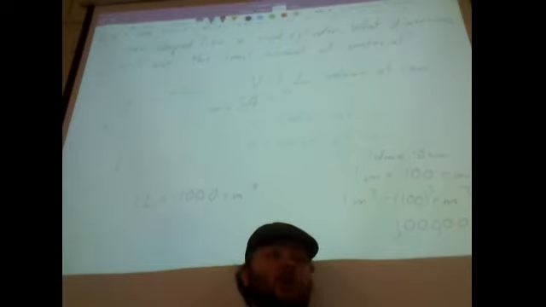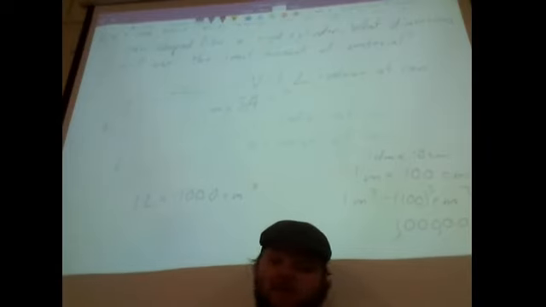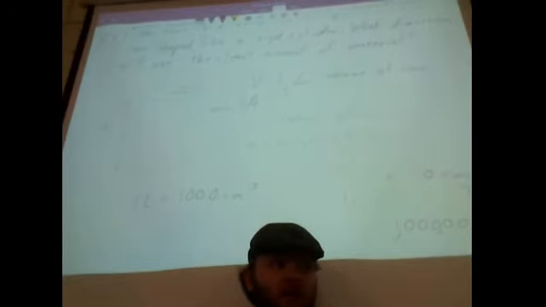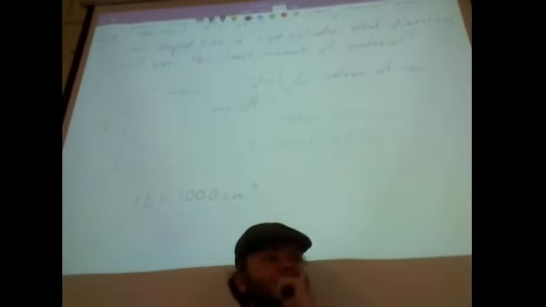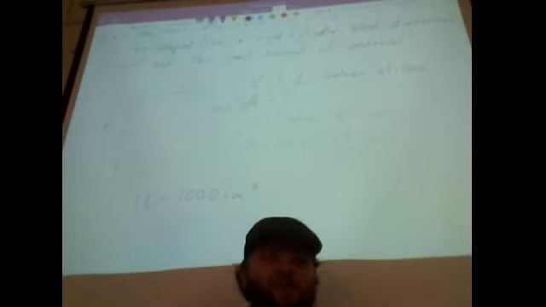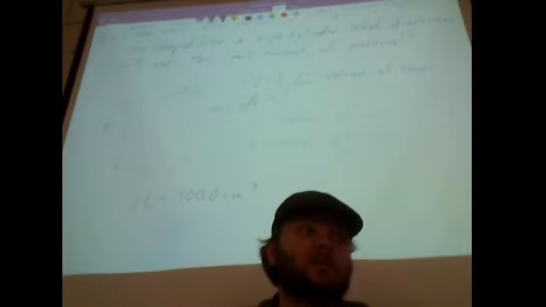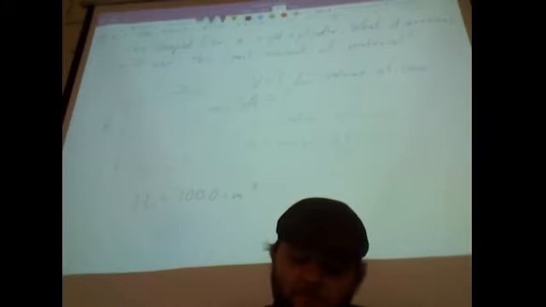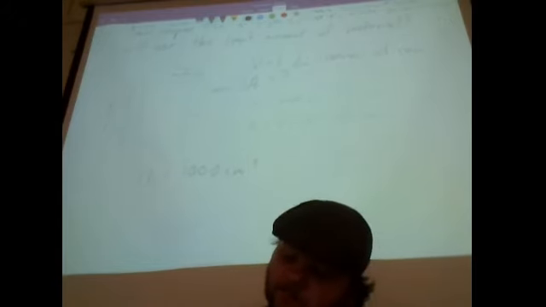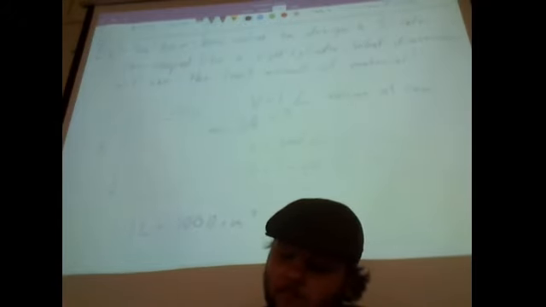Sure, it is a cubic decimeter, but nobody uses decimeters. It's much easier just to use centimeters and meters. Yes, we technically could, but we typically don't. For the most part, you probably won't need it, but occasionally it might become useful.